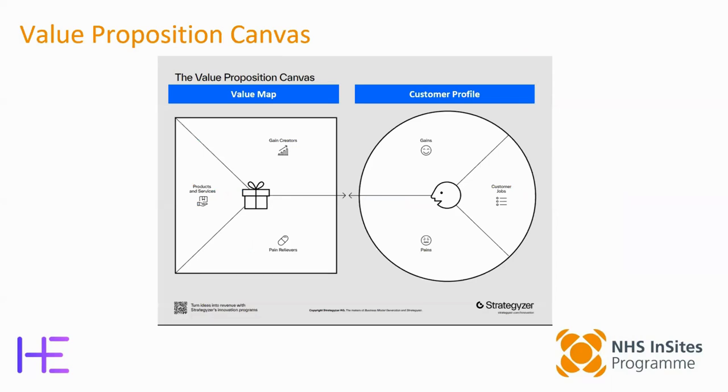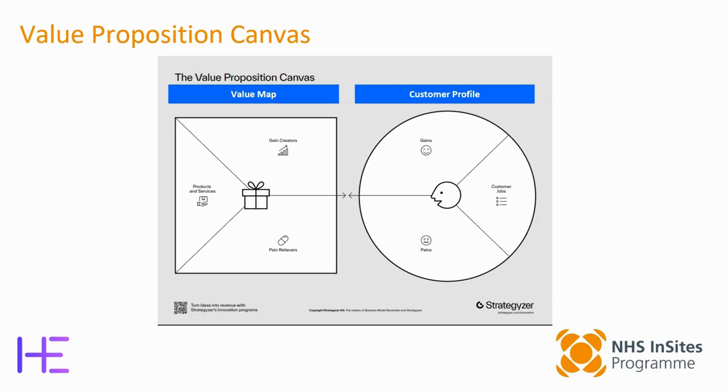One practical tool for developing a strong value proposition is the value proposition canvas. And this really breaks down the problem into two halves. On one side, you have the customer profile: what your customers are actually trying to do, the pains they are experiencing, and the gains or outcomes that they would like. And also the value map.